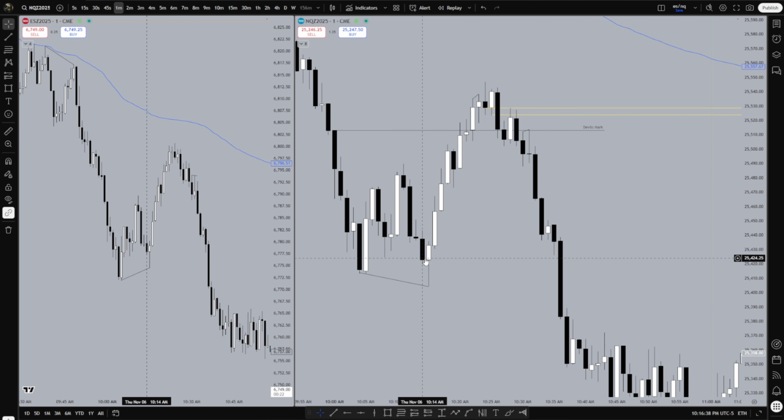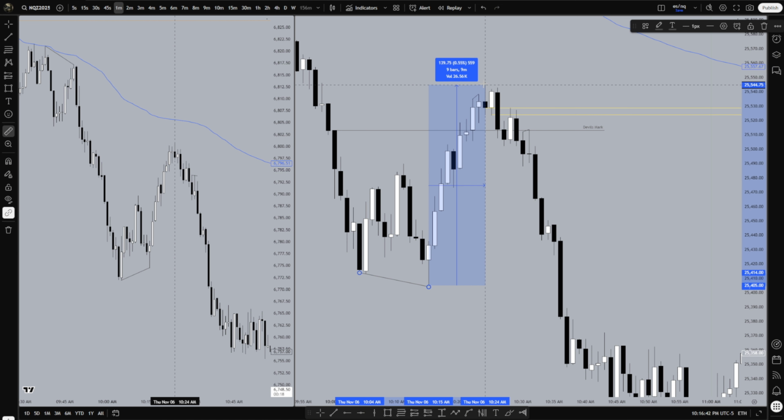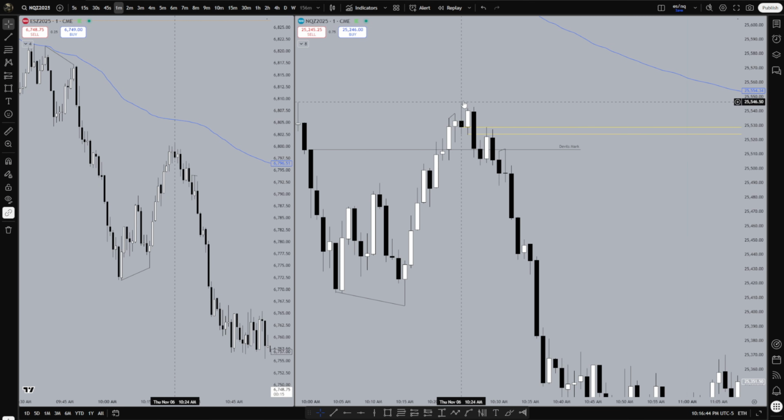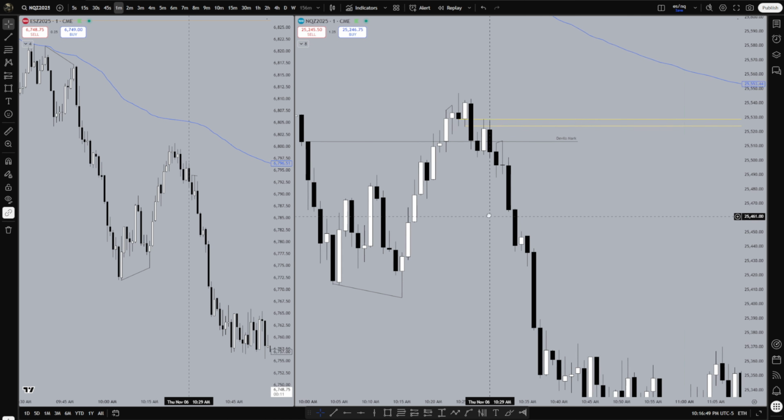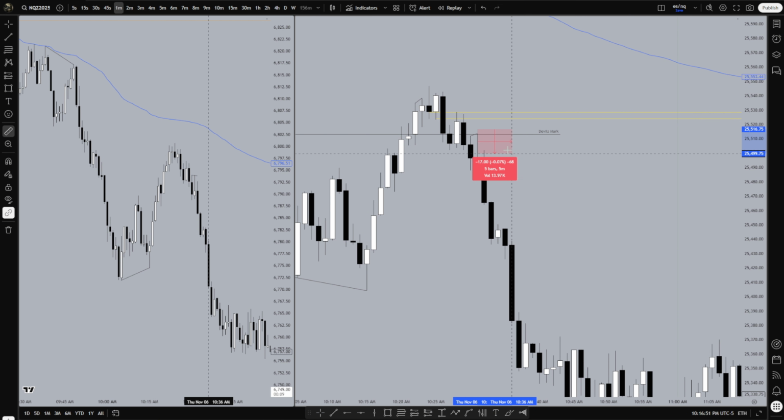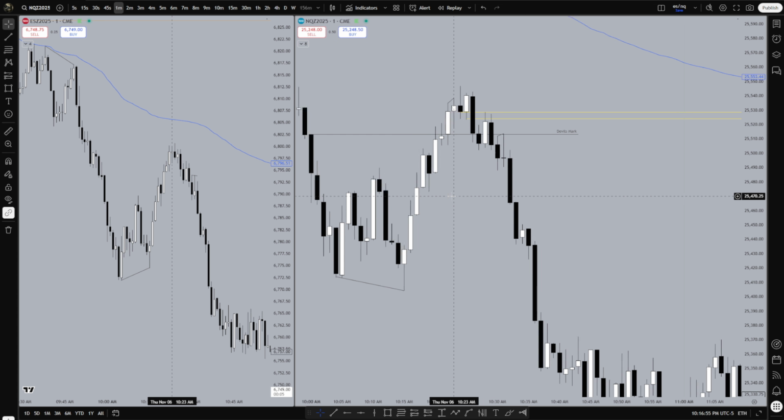For example, right here, we have a large wick lower, 20-point wick lower. What do we see after? We see moving higher. We then here have a large wick high, right? We then see displacement lower afterward, okay? So when you see a candle close like this, this is extremely bearish order flow wise, okay?